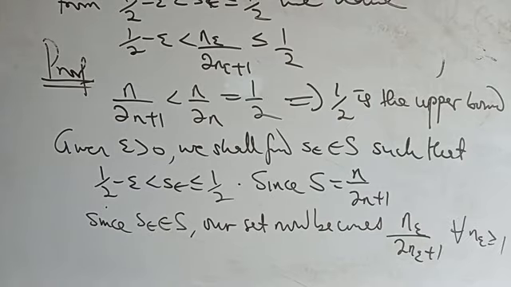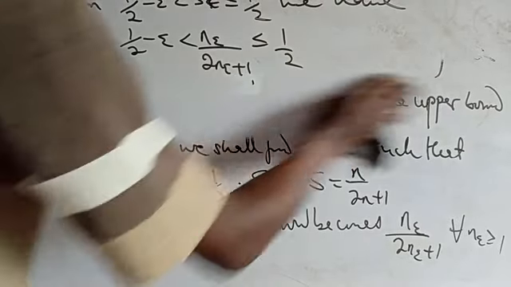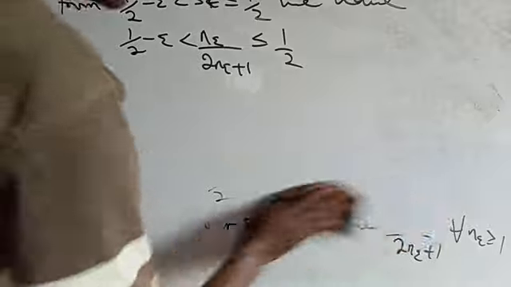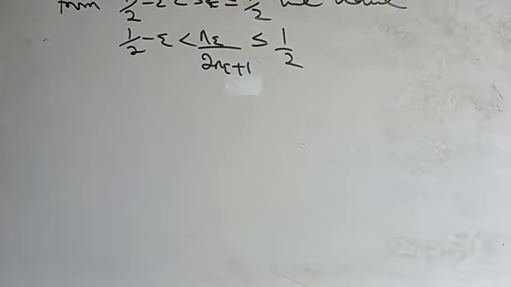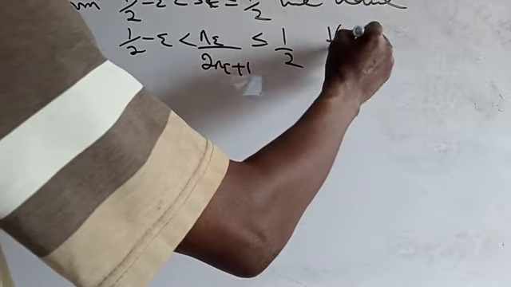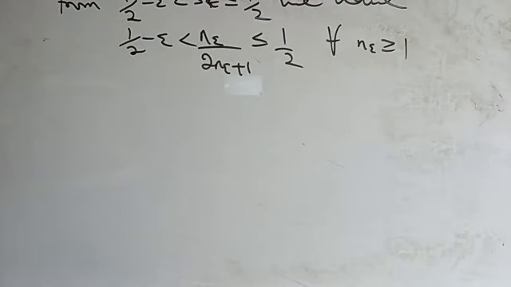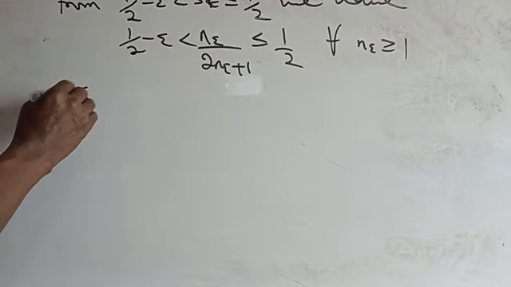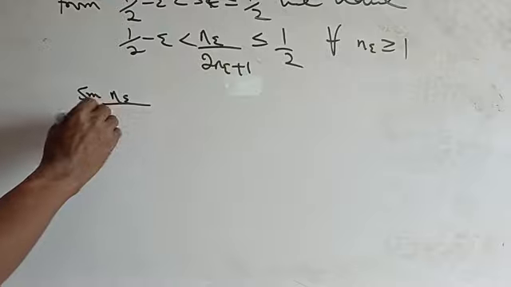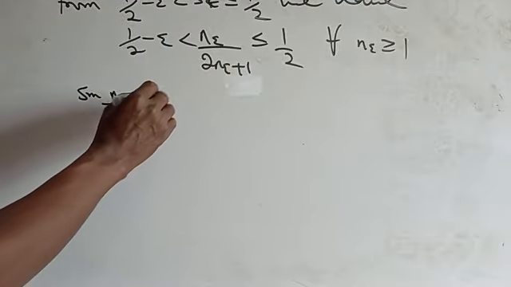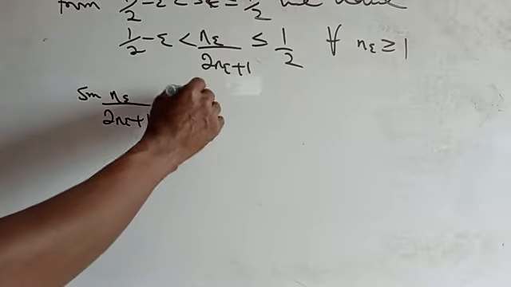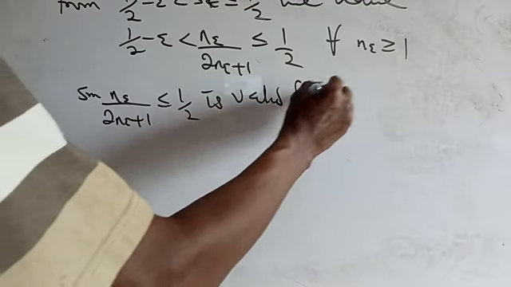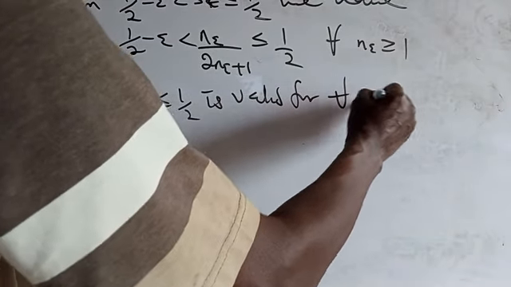Yes, because our S epsilon is in that set, so it will be written that way. Now, the next thing is for all n epsilon greater than or equal to 1: n epsilon over 2n epsilon plus 1 is less than or equal to half, and this is valid for all n epsilon greater than or equal to 1.